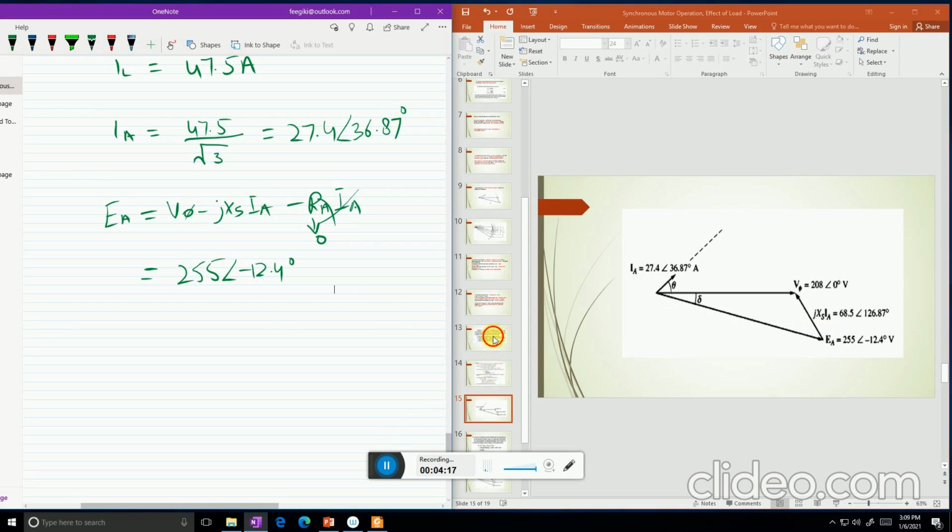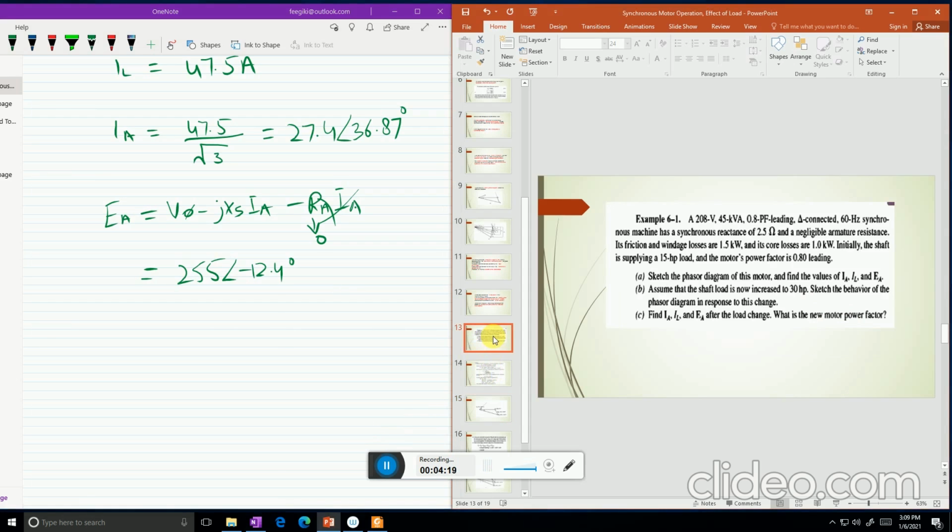Now part B. Part B states that assume the shaft load is now increased to 30 horsepower, that is, P out now increases to 30 horsepower. Sketch the behavior of the phasor diagram in response to this change.